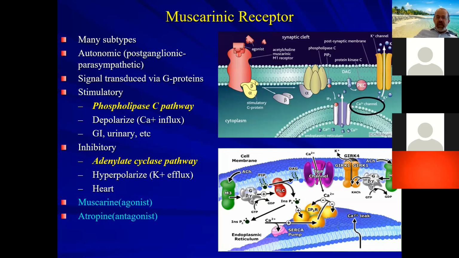Still talking about acetylcholine. Now let's take a look at the muscarinic receptor. The muscarinic receptor has many subtypes. Because of how much we have to cover in the class over a short time, I'm not going to go over the different ones, but suffice it to say there are many different types. This is a receptor associated with the autonomic nervous system, specifically the parasympathetic pathway. You remember when we were discussing the nervous system last night, I mentioned that the autonomic nervous system has two branches, sympathetic and parasympathetic.